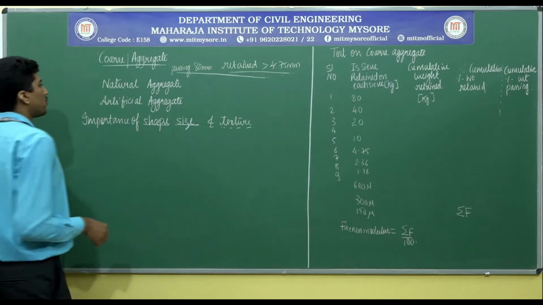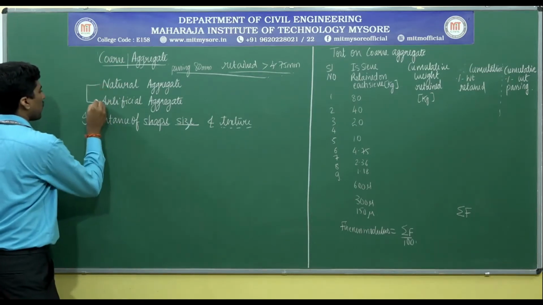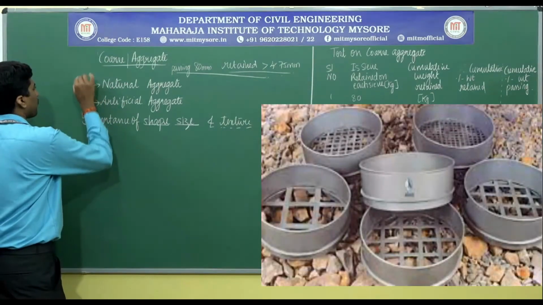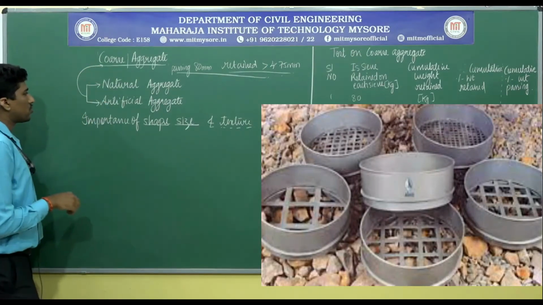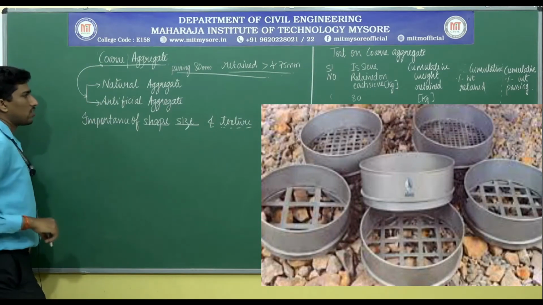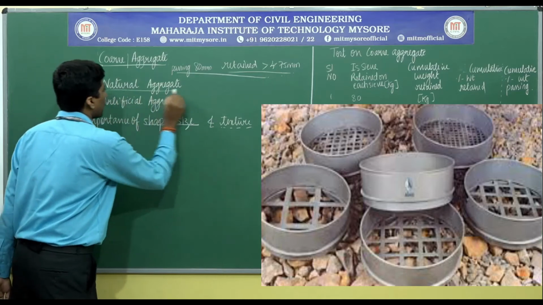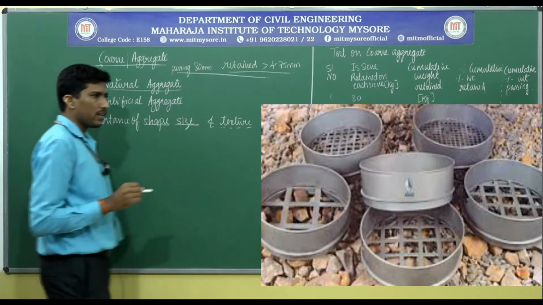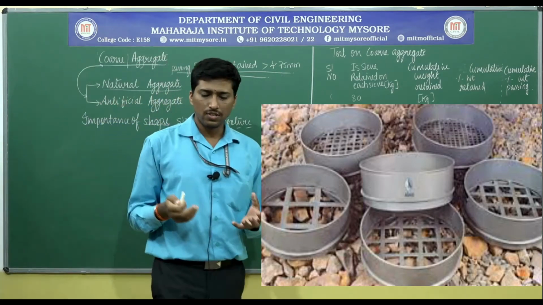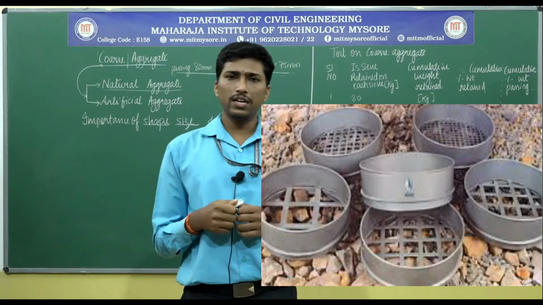Now, the coarse aggregate is broadly classified into two parts. The first is natural aggregate, where the sizes are naturally originated.